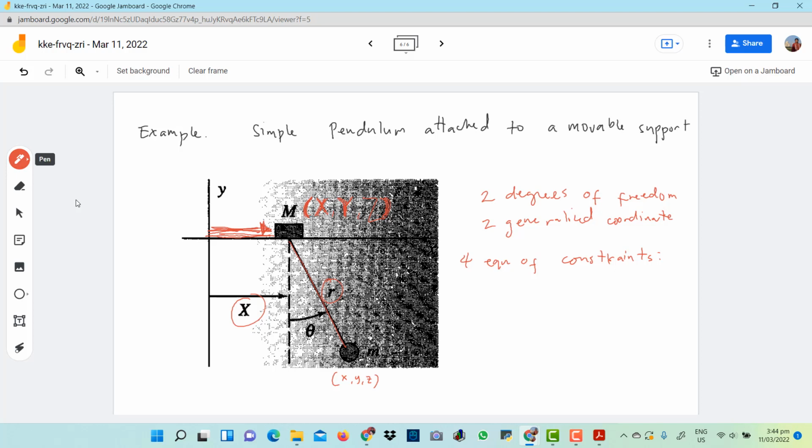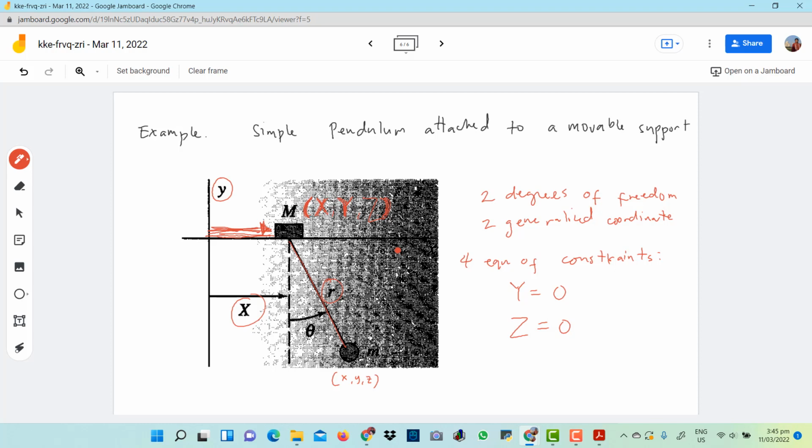Meaning, I get two equations of constraints here. First, big Y is equal to 0 and big Z is also equal to 0. That's for the movable support M, because take note, M is just moving along the X direction. So it means there's no Y. This is not the small y, which is for the pendulum m.